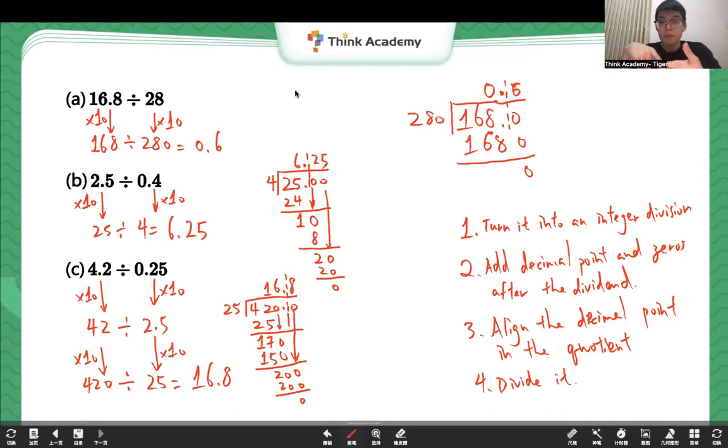And then you need to align the decimal point if you're adding any zeros, align the decimal point in the quotient as well, so as to make sure that the place is right. And finally, you can just divide it step by step, like any long divisions. Okay, so this is how we do the division of decimals.